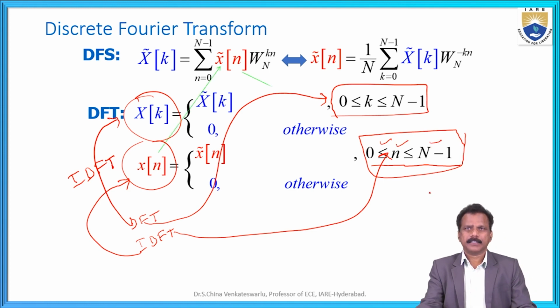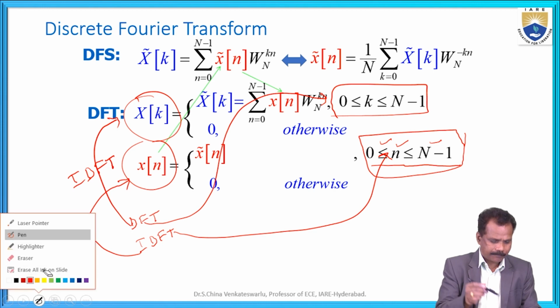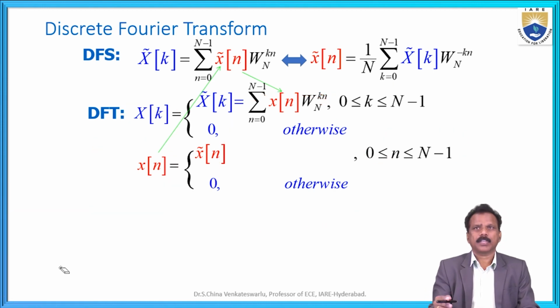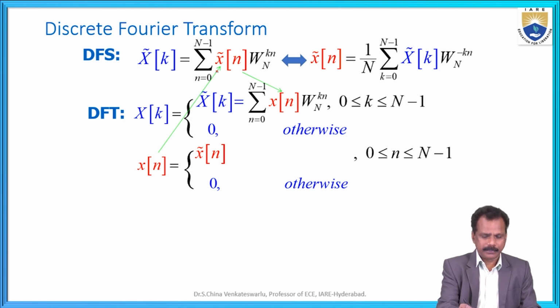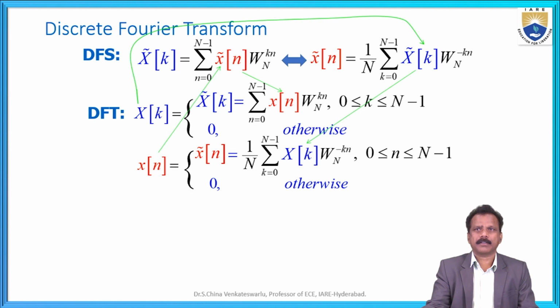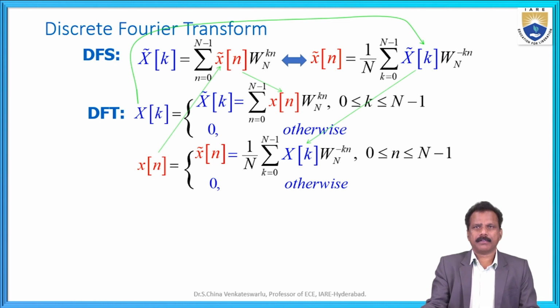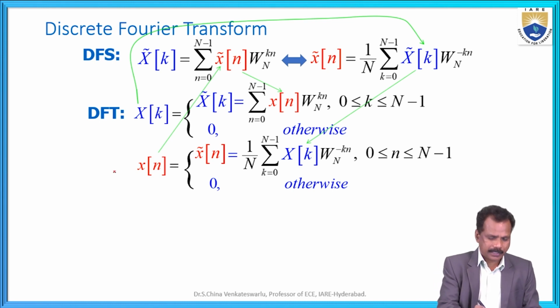Using all this, this is how we represent x(n), and this is X(k). This is the IDFT, the inverse discrete Fourier transform.